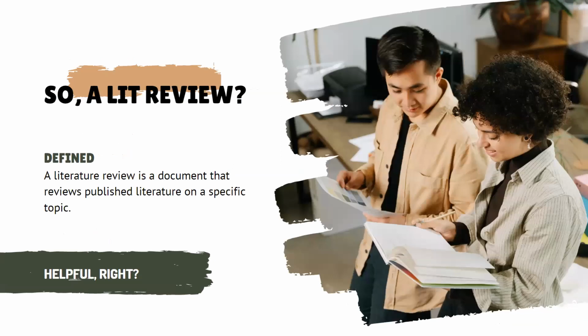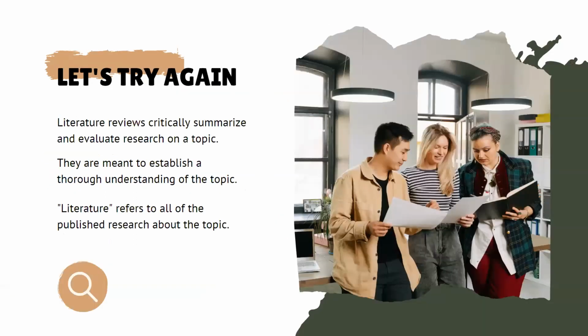So, a lit review, right? Everybody's here because they want to figure out what a lit review is. So, very simply defined, a literature review is just a document that reviews published literature on a specific topic, because that's super helpful, right? It's not helpful. Let's try it again. What is a literature review?